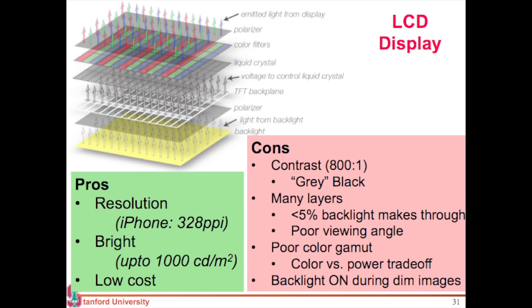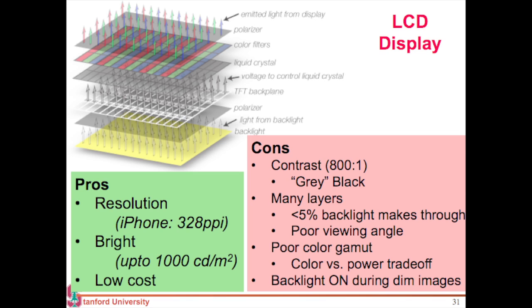and the brightness is essentially given by the brightness of your backlight. So there's no limitation on how bright a backlight you can put. If you're putting it in a mobile device, of course, it will drain your battery, but there are some displays from Nokia which achieved up to 1,000 candela per meter square.